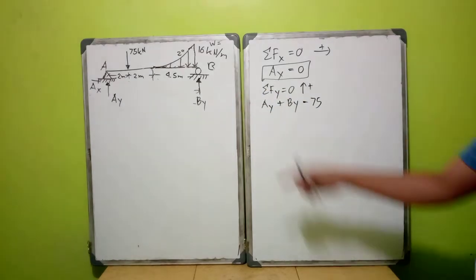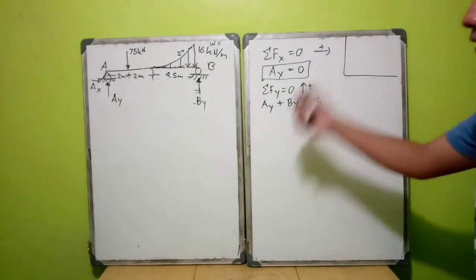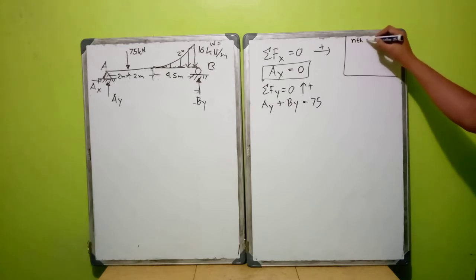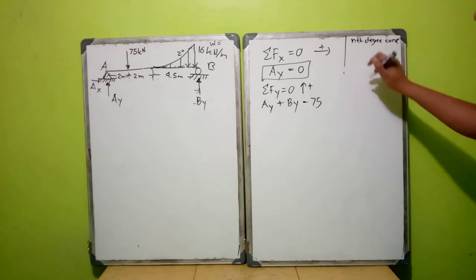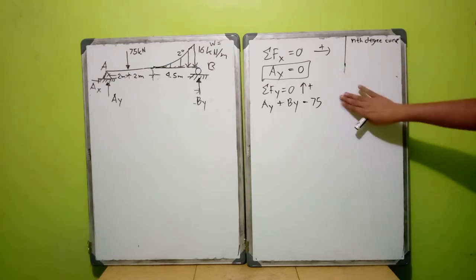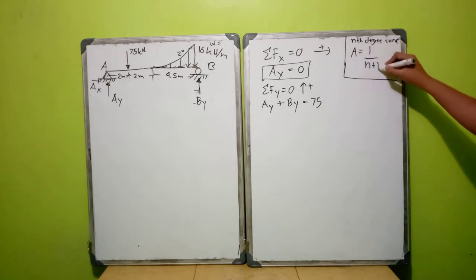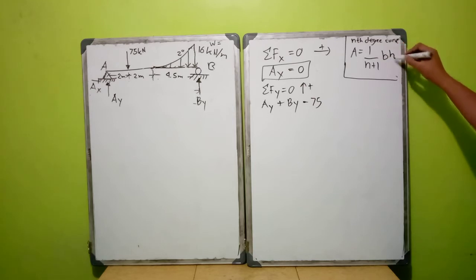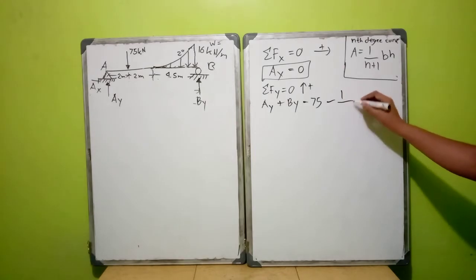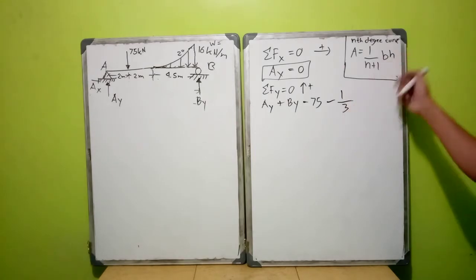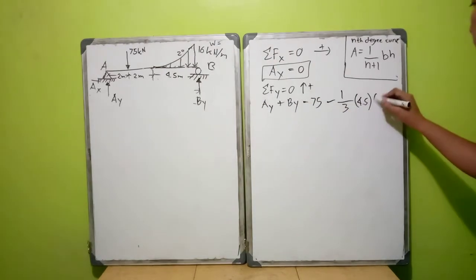Let me remind you that for any n value, for an nth degree curve, please remember this: its area is equivalent to 1 over n plus 1 times B times H. The B here is 4.5, the n is 2, so 2 plus 1 is 3, times B which is 4.5, and H is 16.